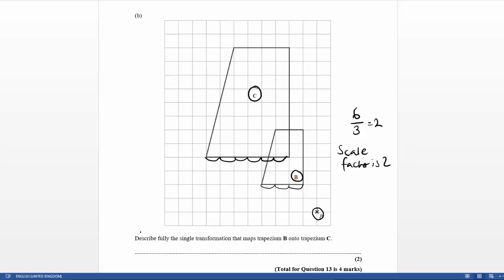So your answer is really simple. Scale factor of 2. I'm just going to write what's also happened. It's an enlargement from point P.